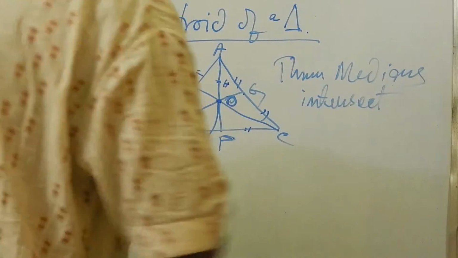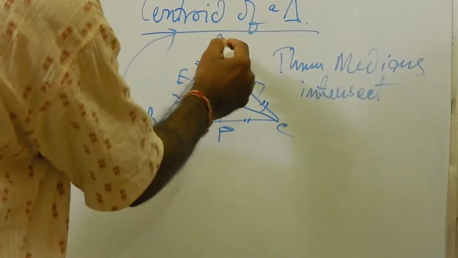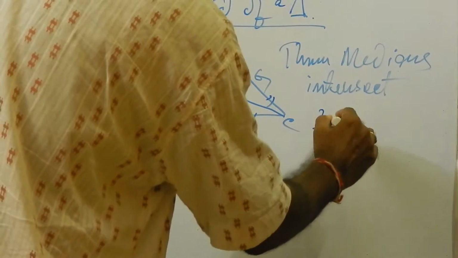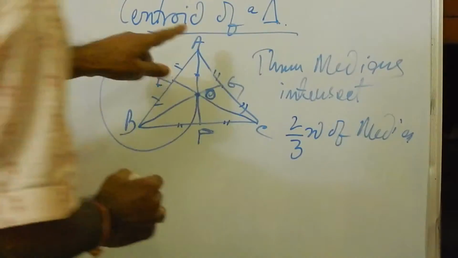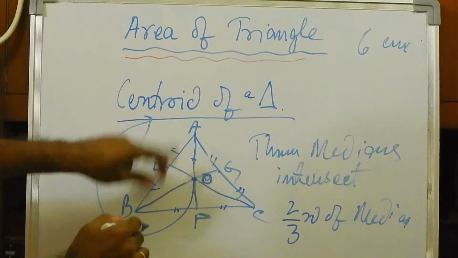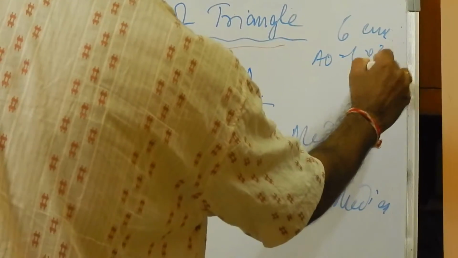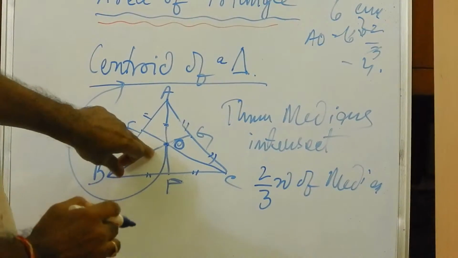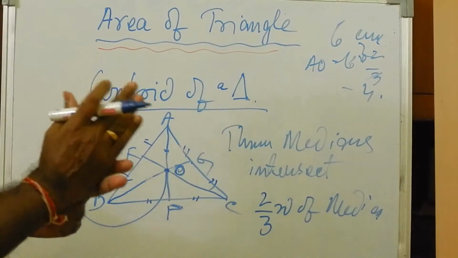So the distance between the vertex and the centroid is 2/3 of the median. Suppose the median is 6 centimeter long. So this distance AO would be 6 into 2/3. That means 4, and this would be 2.